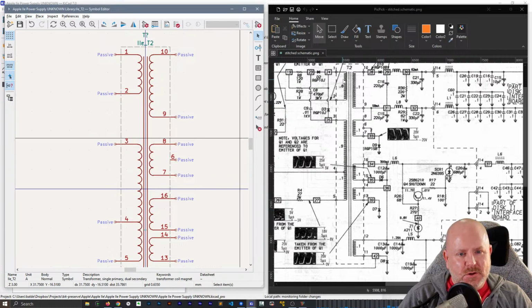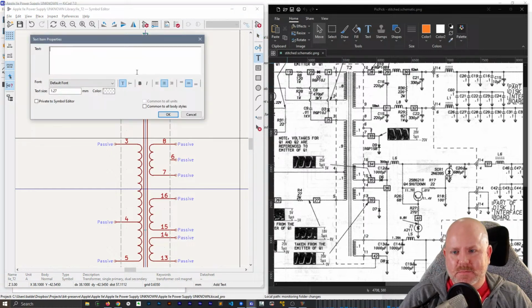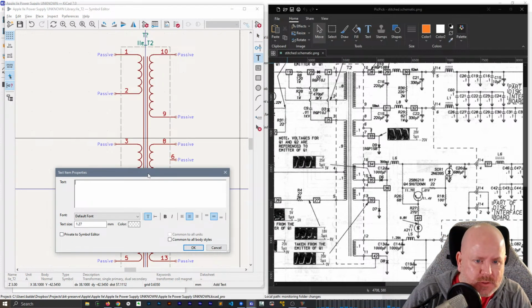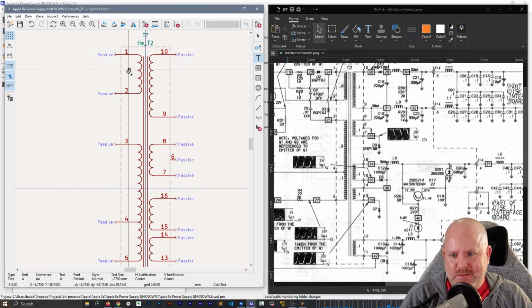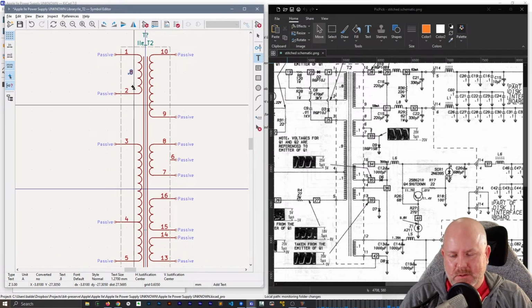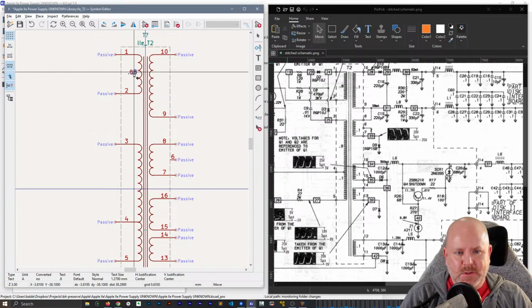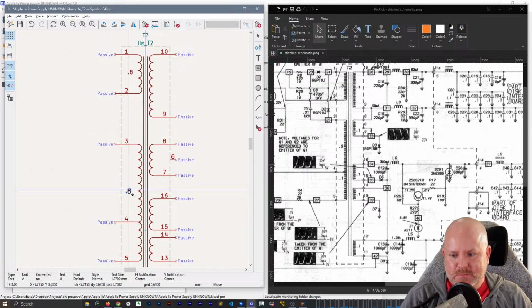Okay. So now we've got, I'm going to put, no, you know what? This is a one purpose transformer, as most are. Let's go ahead and put the numbers in now.